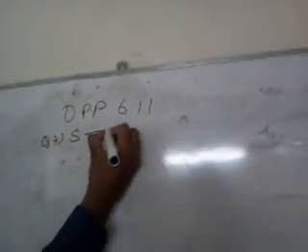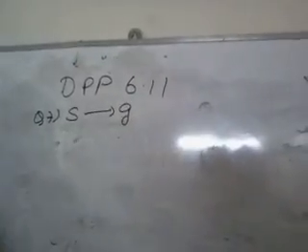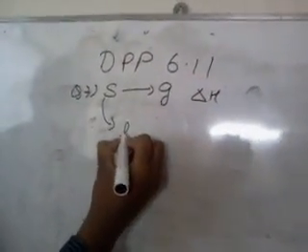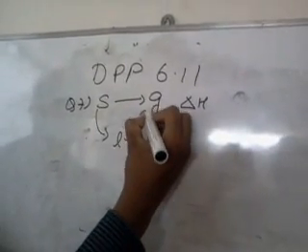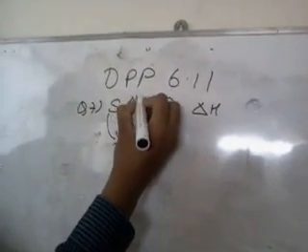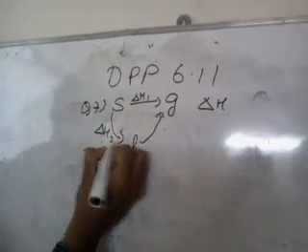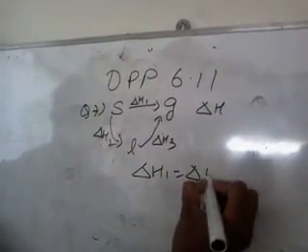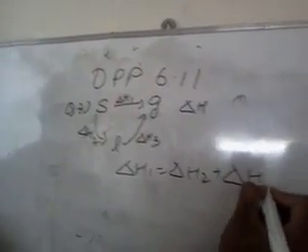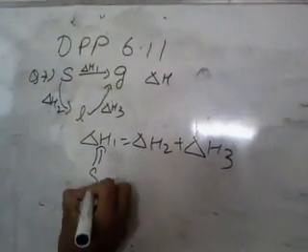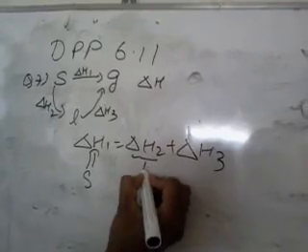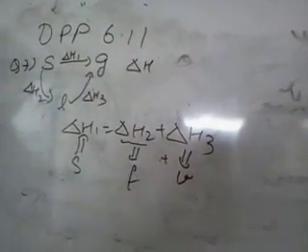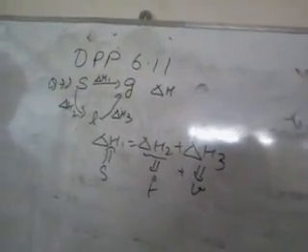Sublimation involves solid to gas. Since enthalpy is additive for two reactions, if I convert solid to liquid and then I convert liquid to gas, delta H1 will be equal to delta H2 plus delta H3. So enthalpy of sublimation is equal to enthalpy of fusion plus enthalpy of vaporization. So option A would follow.